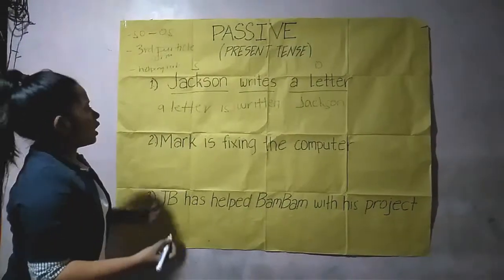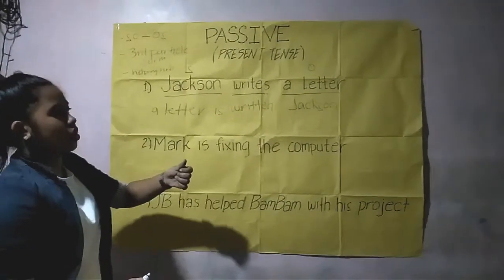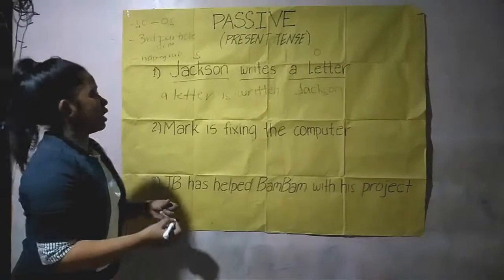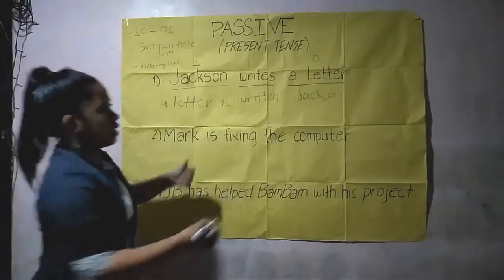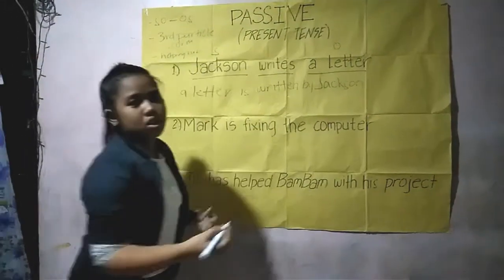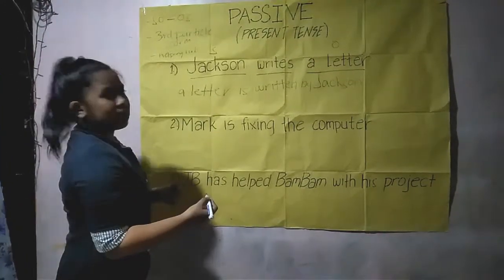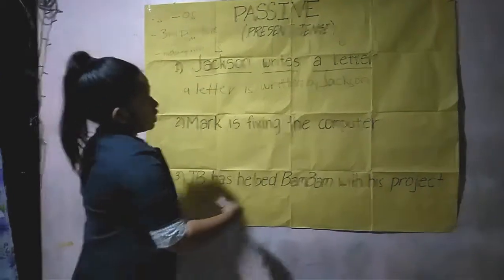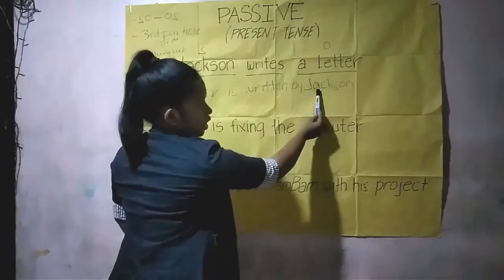If we read it again, a letter is written Jackson. So, we need to put another word to complete this sentence. A letter is written by Jackson. So, Jackson, the doer, is still in there.